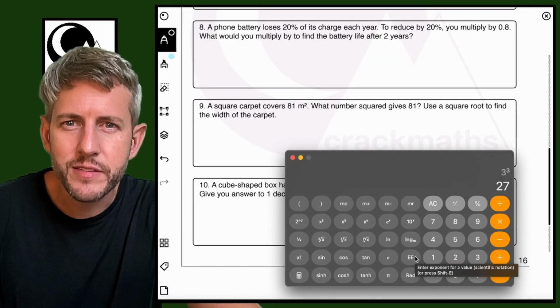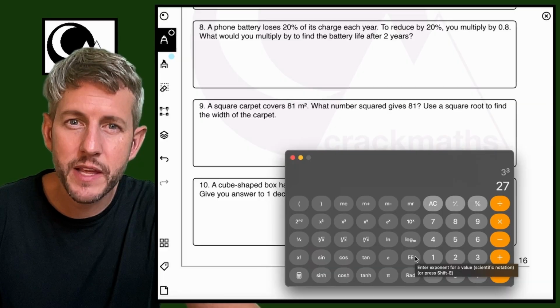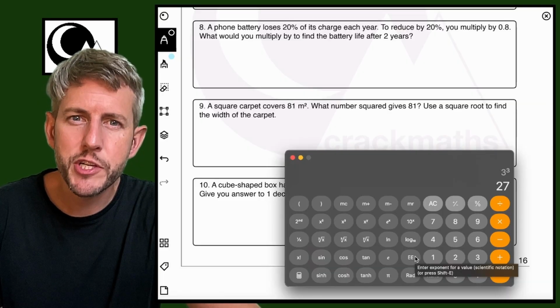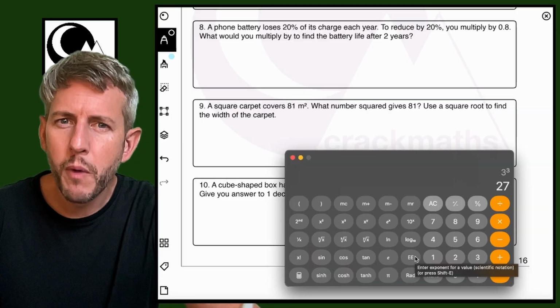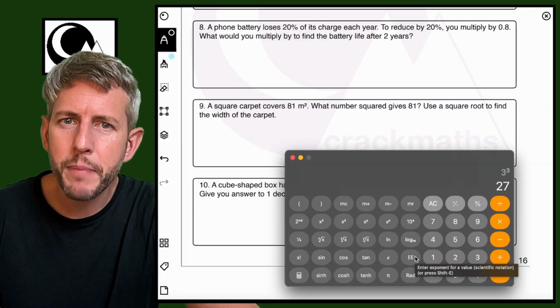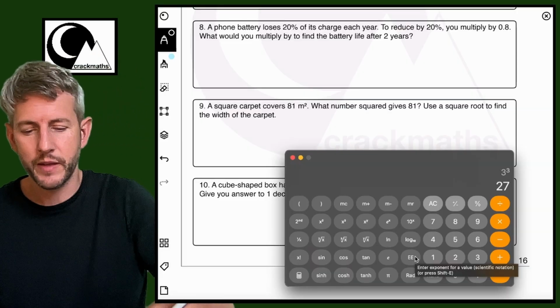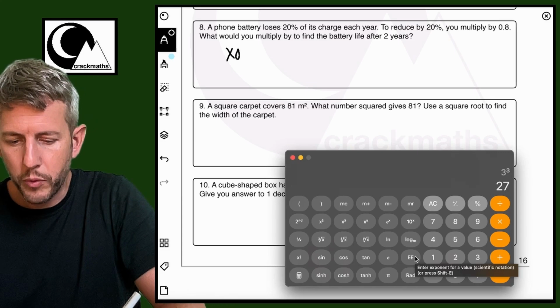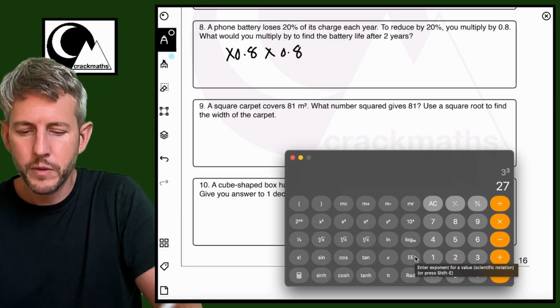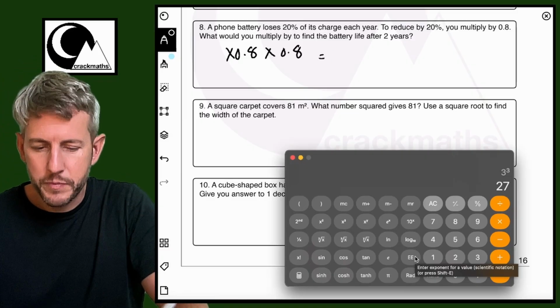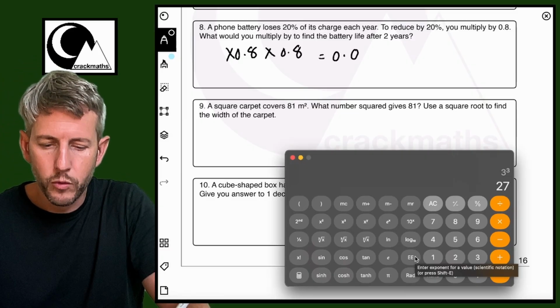Question 8 says, a phone battery loses 20% of charge each year. To reduce by 20%, you multiply by 0.8. What would you multiply by to find the battery life after 2 years? So we'd multiply it by 0.8 for year 1, times that by 0.8 for year 2, and I believe that is going to be 0.06.